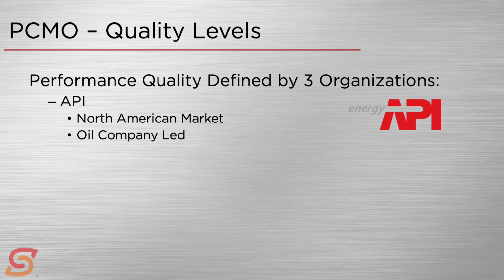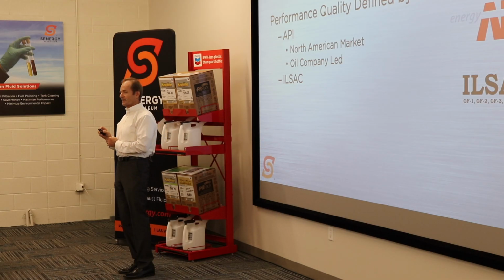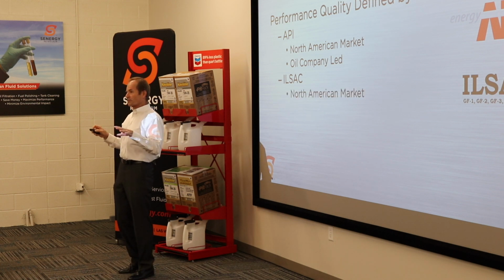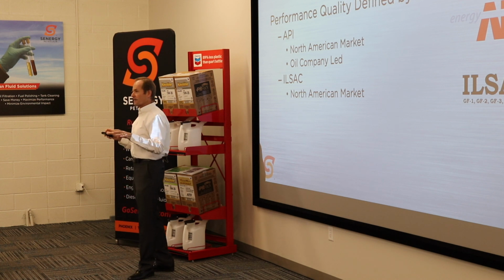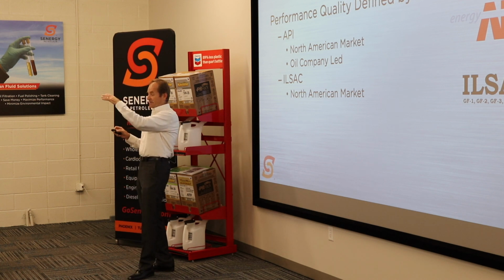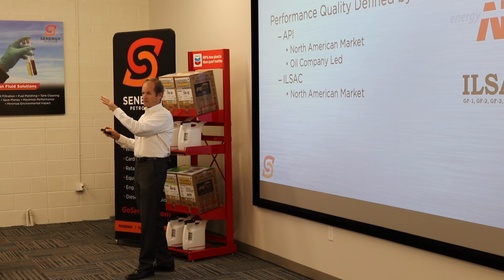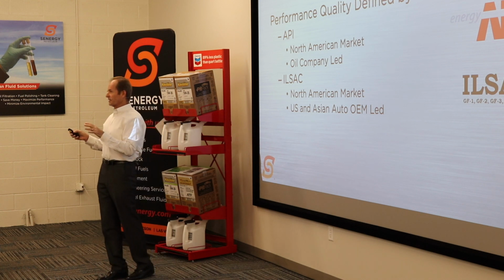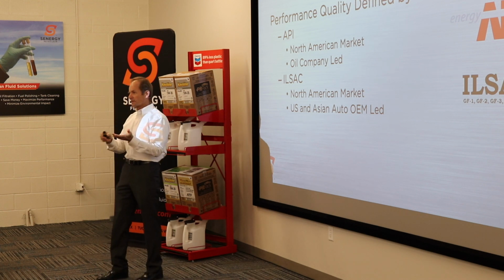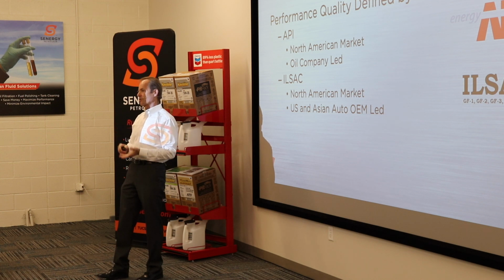The second organization that's involved in it these days is called the ILSAC. I can't even remember what the acronym is, International Lubricant Specifications and something Council, something like that. The ILSAC, again, only applies to the North American market. But instead of the API, which is oil company stuff, the ILSAC is run by a consortium of Japanese and U.S. automakers.